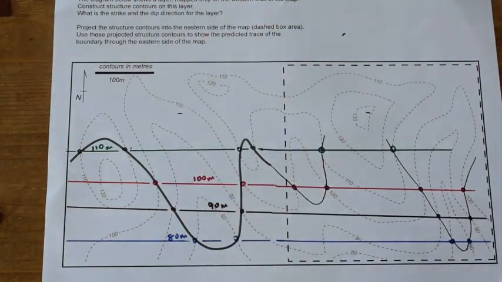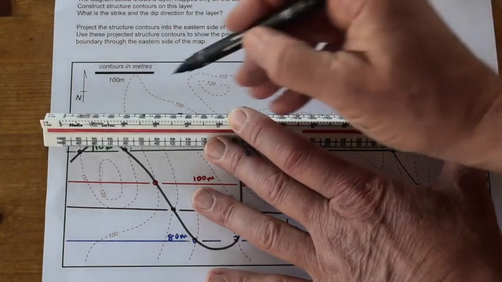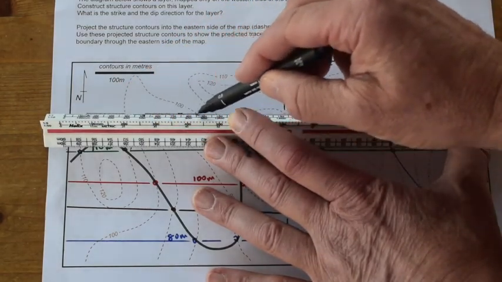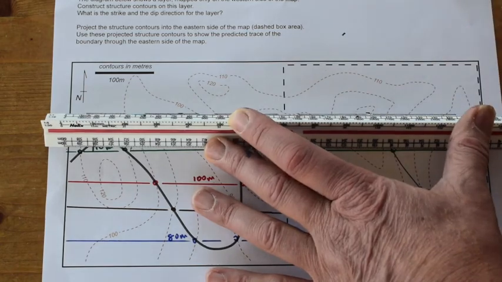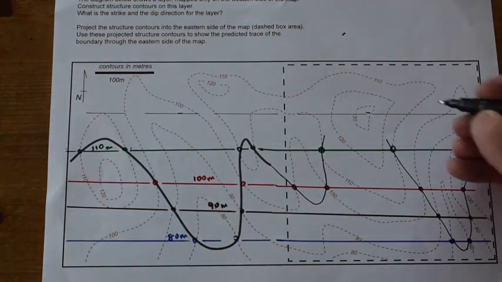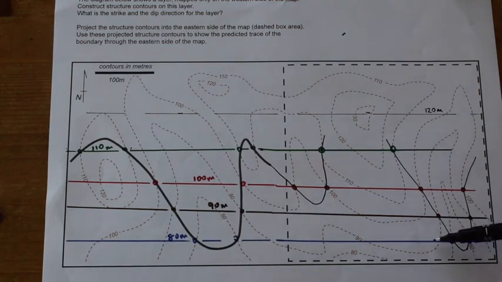We'll just join those up as a straight line like this, which I'll use the black line for. I'll just dash it so we don't get confused with the boundary, which we'll draw on in a minute. So that is the inferred 120 metre structure contour. So we go 80, 90, 100, 110, inferred, projected 120 metres.